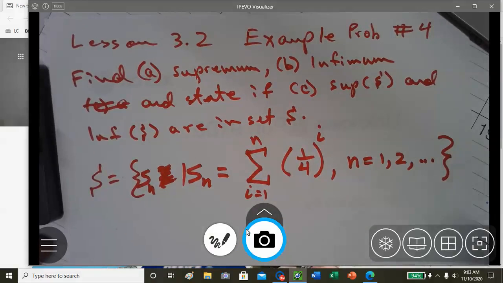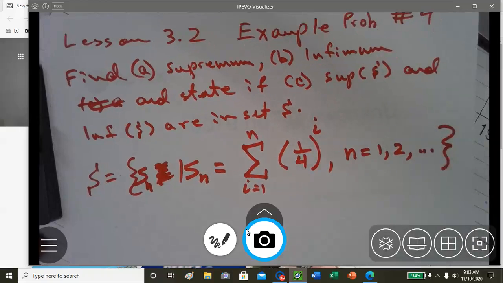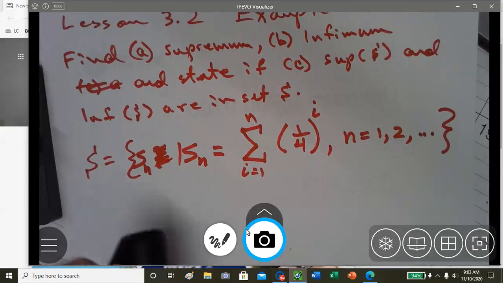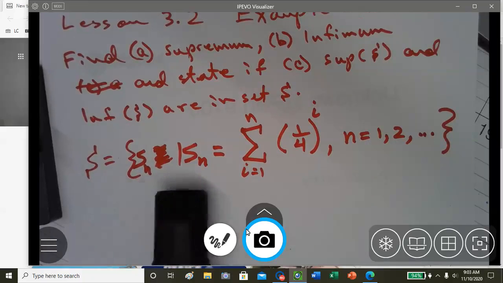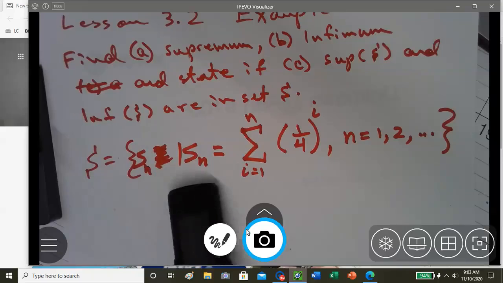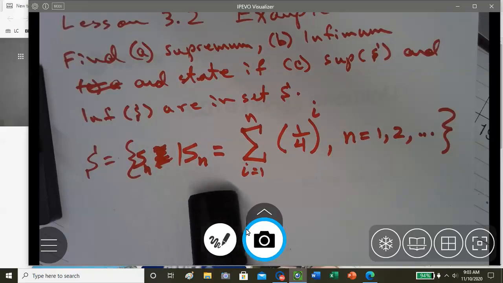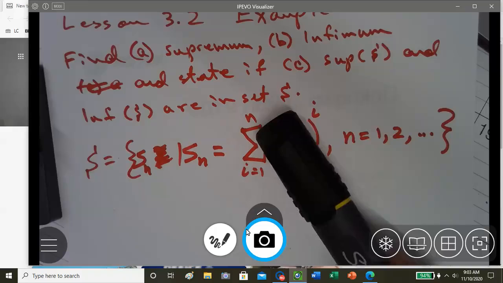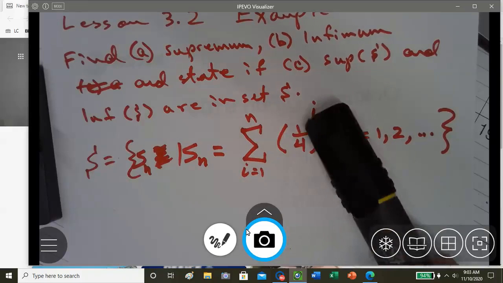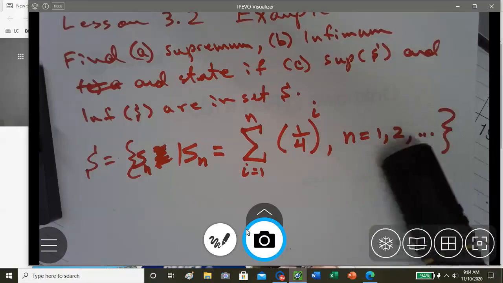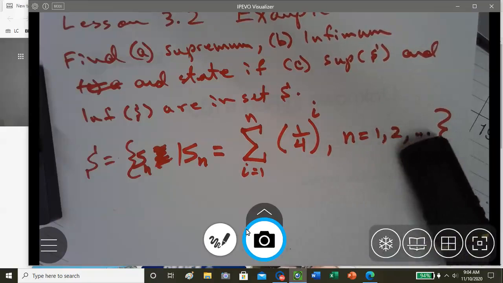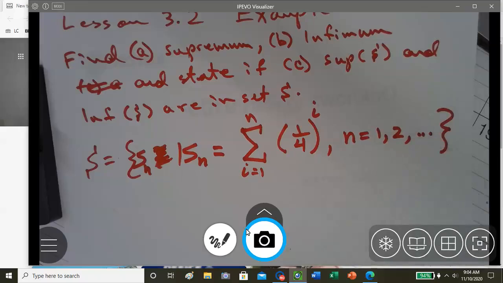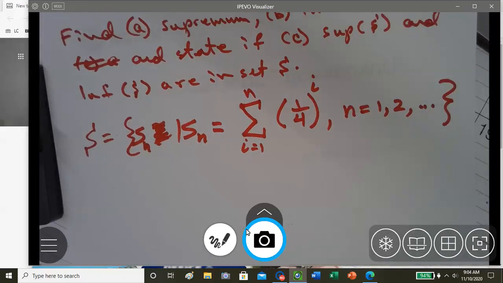Okay, so here we have a problem that's similar to what's on the homework, where we have set S, where S sub n is equal to the summation from i equals 1 to n of 1 over 4 to the i power, where n is 1, 2, and so on, continuing indefinitely.